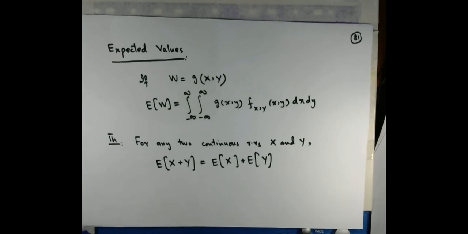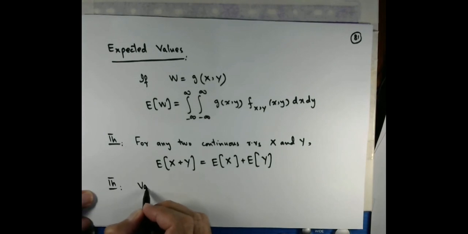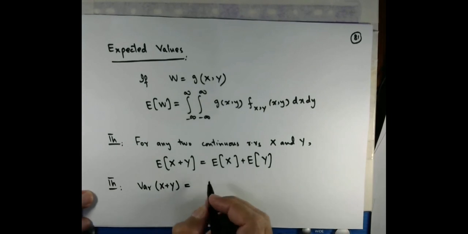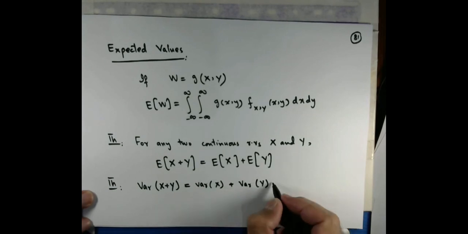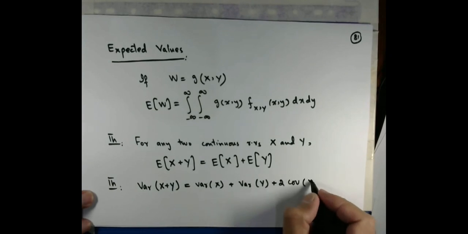The other formulas stay the same. For example, the covariance will be the expectation of x minus its mean times y minus its mean. And the variance of the sum is given as this: variance of x plus variance of y plus 2 times covariance of x and y.